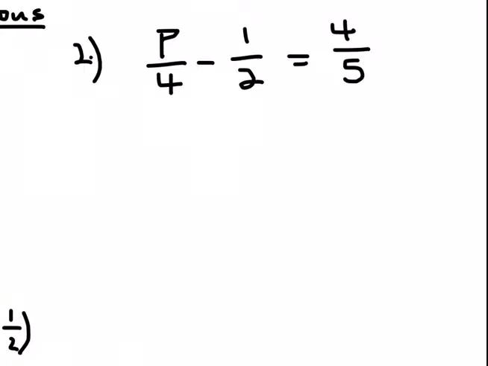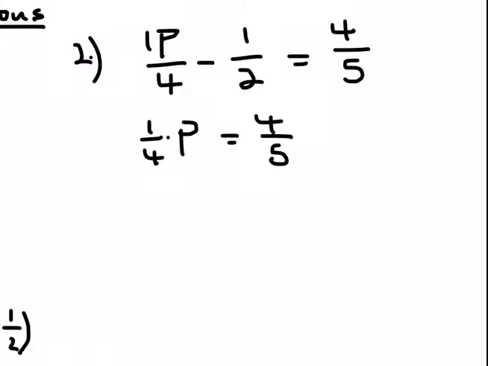Okay, again, I'm sure by now you realize you've got an invisible one there. So let's just write it in that proper way of saying 1 over 4. It is therefore multiplying that p. We will say equals to not 5 but 4 over 5, because that's what you have already.